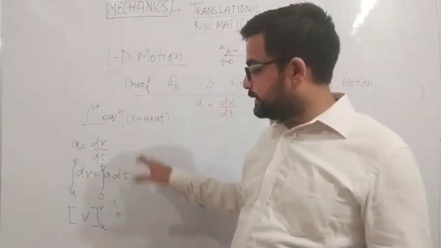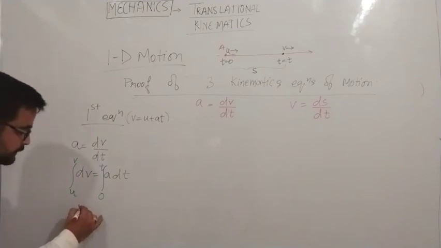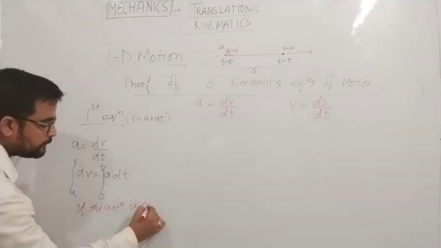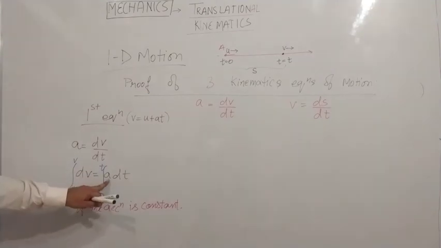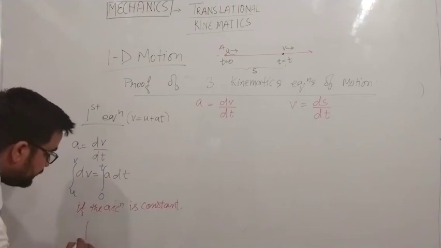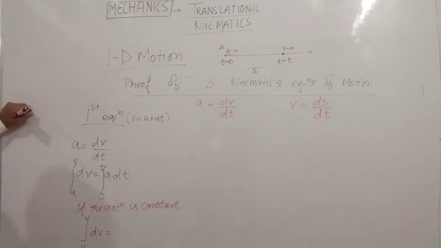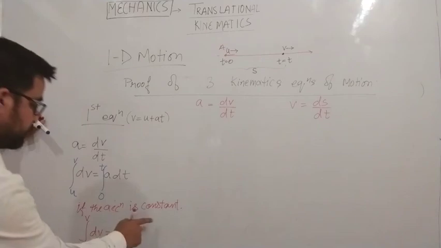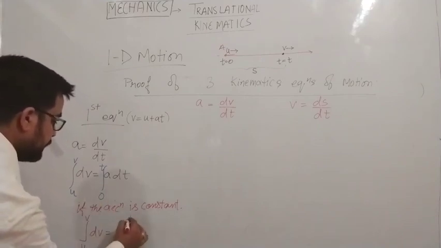But now if the acceleration is constant, we can take acceleration A out of the integration, and we can write this as integral from u to v of dv is equal to A, because A is constant, so it is taken out of the integration sign, integral from 0 to t of dt.